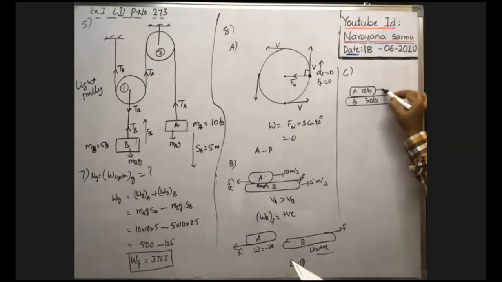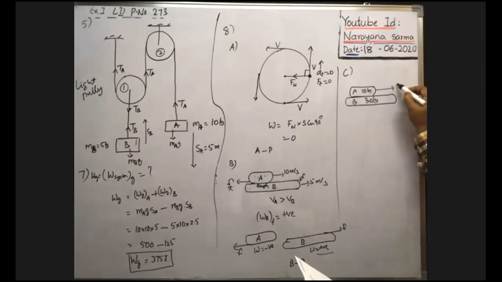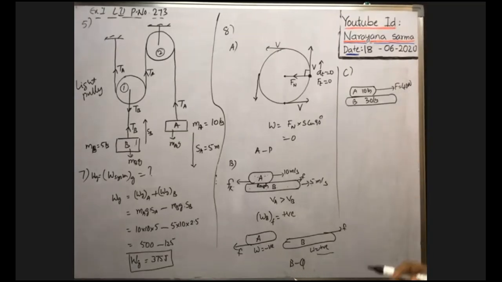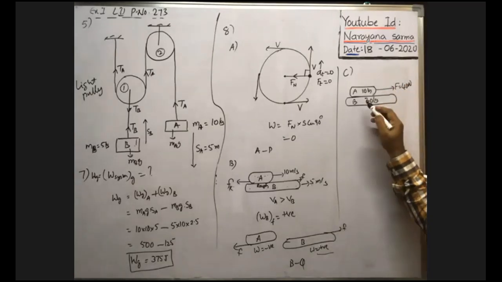Here this block is pulled towards right with a force equal to 40 Newton. Now they asked, work done by friction on the system, block A and block B, is how much? System means on block A and on block B, they asked.